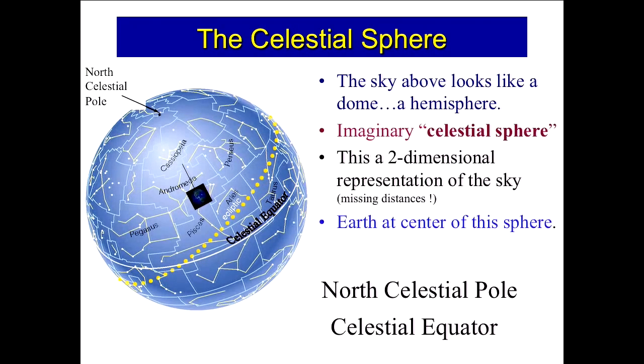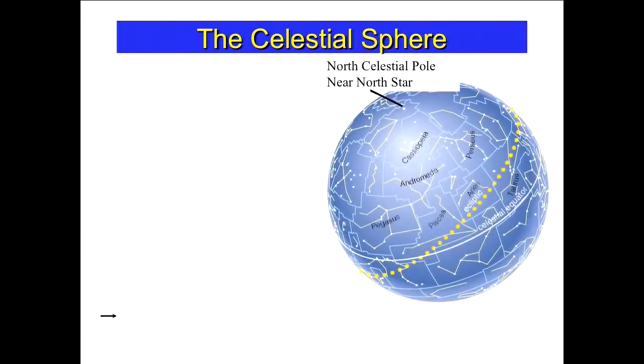And that gives you an imaginary circle in the night sky, which is the extension of the Earth's equator. That's called the celestial equator. Now you have a pretty nice coordinate system. An equator, you have a pole, you can start measuring angles to specify the positions of planets and stars and galaxies. So let's go a little bit farther.